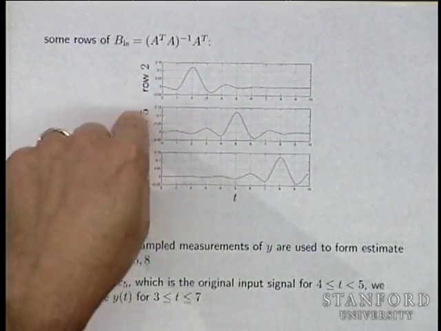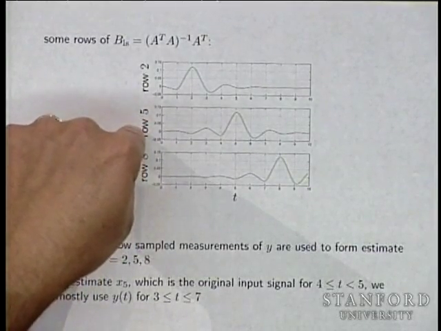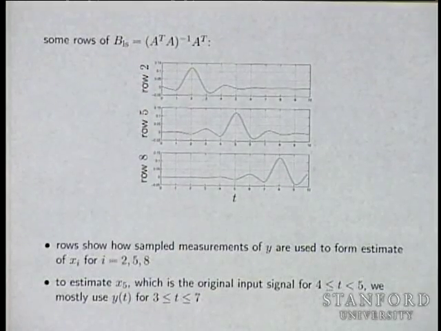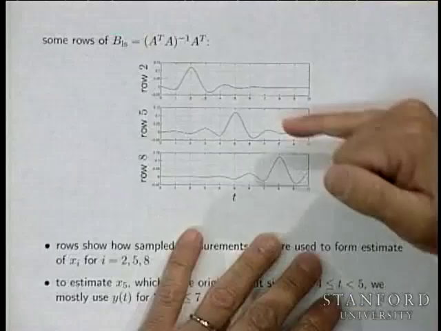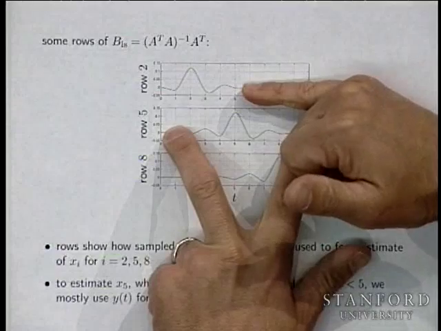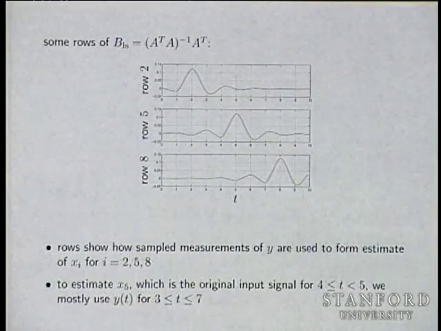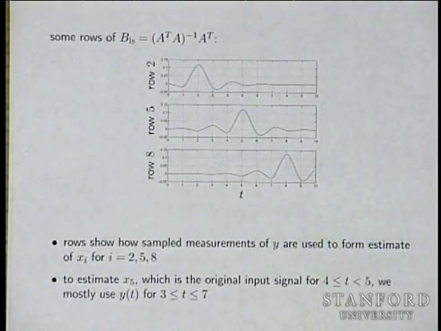This is how I estimate row 5. Truly, what's really estimated, of course, is A transpose A inverse A transpose, but at least this makes the story clear. And you could even truncate this and have a finite equalizer if they were uncomfortable about your estimating using stuff from the future. So that's the idea. Okay.